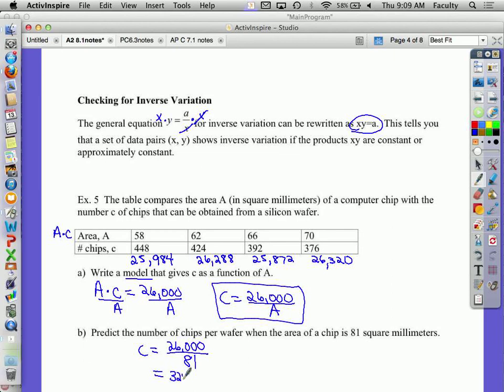When I punched that in my calculator, I got 320.98. But you wouldn't tell somebody that's how many chips you have. You would say that's probably around 321 chips. All right, any questions up to this point? It's very, very straightforward.